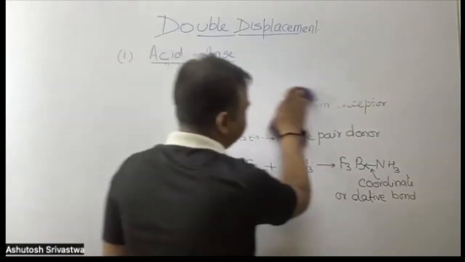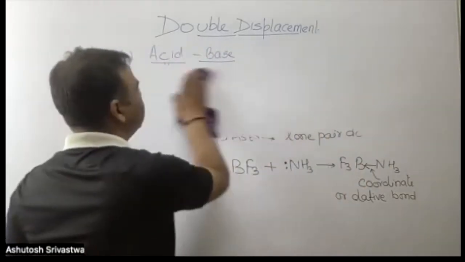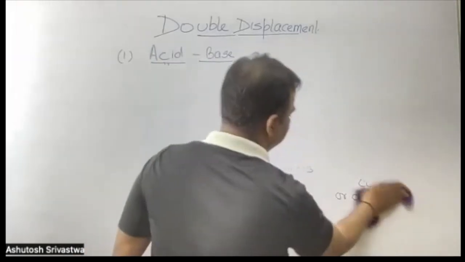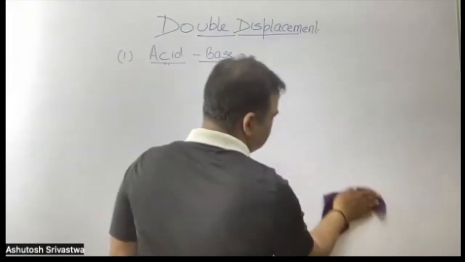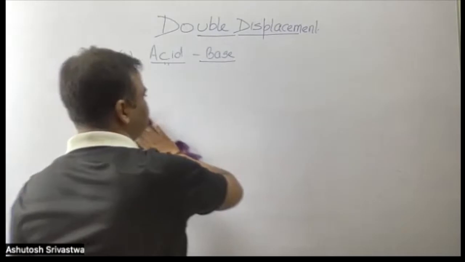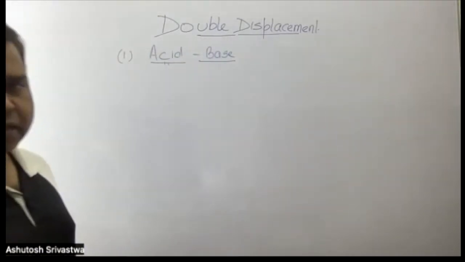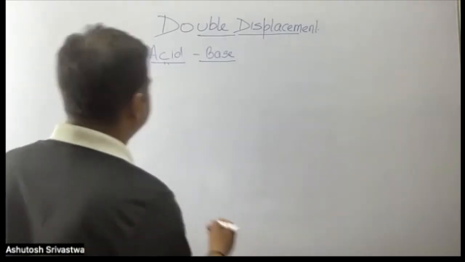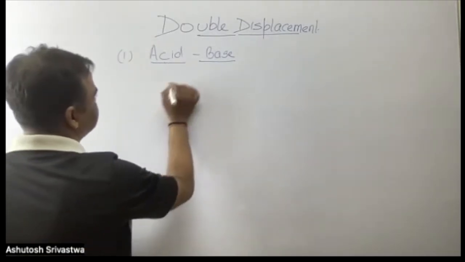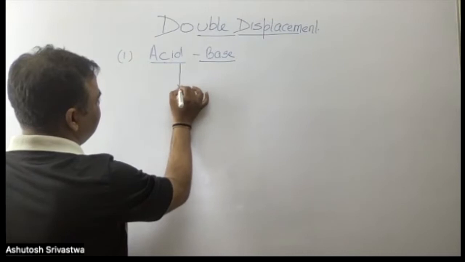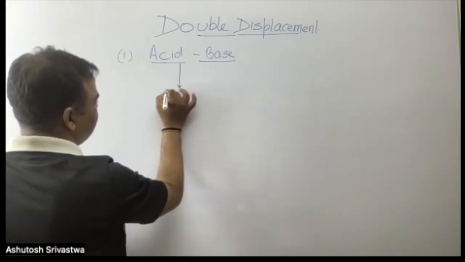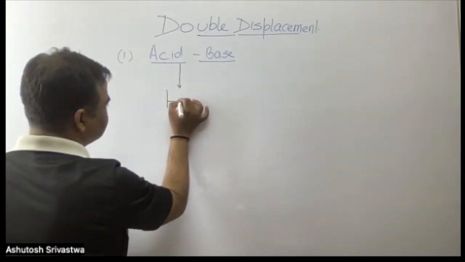In NCERT, we have to follow the Arrhenius concept, and which is what? That is OH minus donor and H plus donor should be present to qualify for Arrhenius acid base pair. So when I write this thing as H plus donor, I am going to write this as HA.